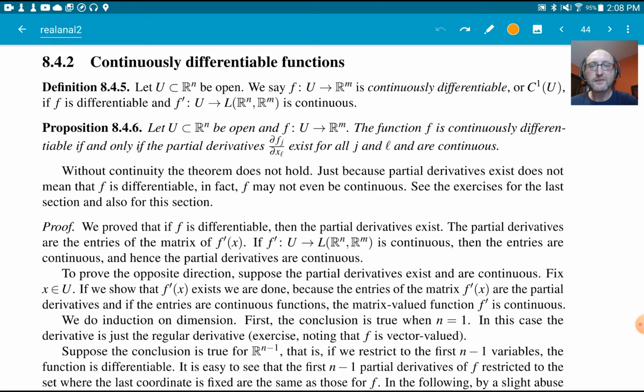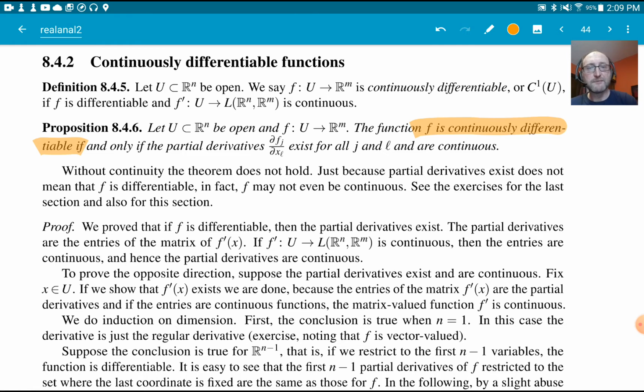The other direction: if the function is continuously differentiable, well, then we've already proved that it's differentiable in particular. So we know that all the partial derivatives exist. Differentiable implies existence of partial derivatives. That part works.